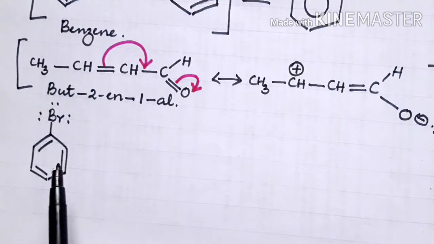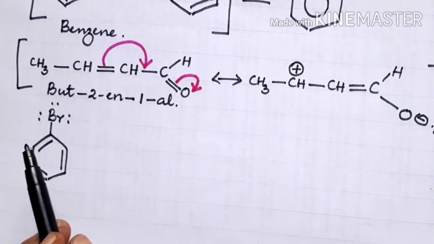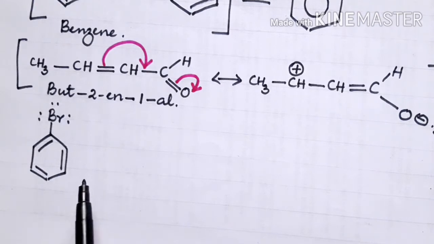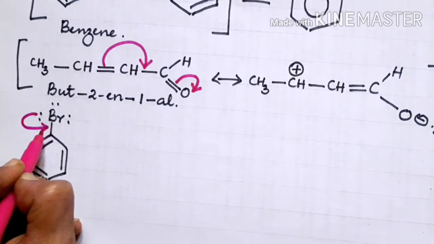Whenever the molecule has conjugation in the structure, flow of electrons happens from the region of higher concentration to the region of lower concentration. So the electrons start moving into the ring, making it more rich in electrons.